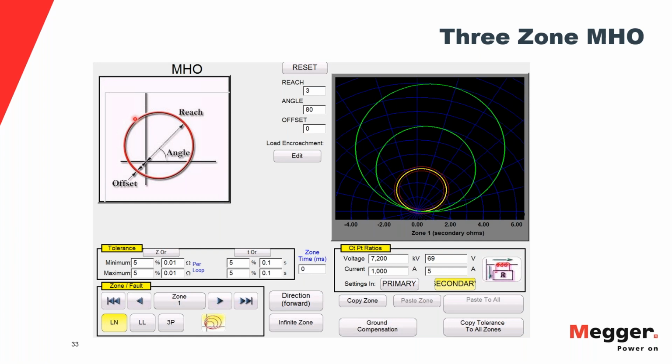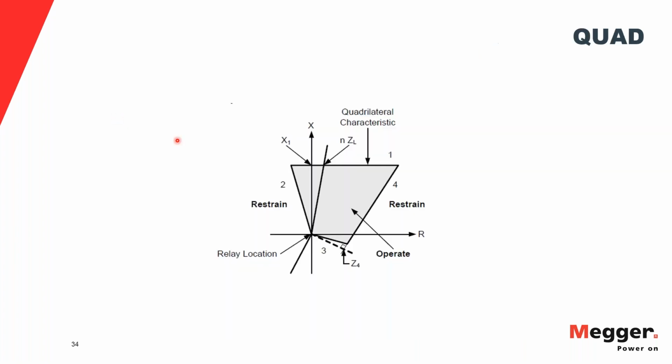But you have no way, unless you supervise it with a reactance line like this, of creating this type of characteristic. Now, the quadrilateral is also very popular, especially now with digital relays, because you can create and recreate this type of characteristics at will.